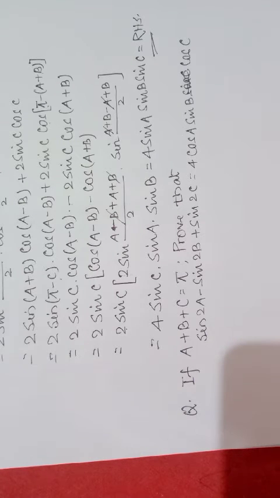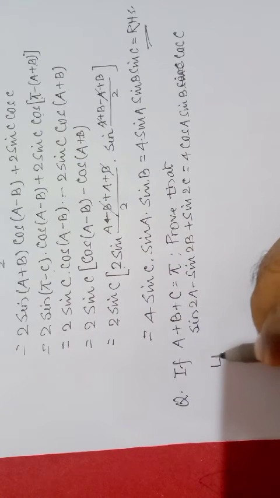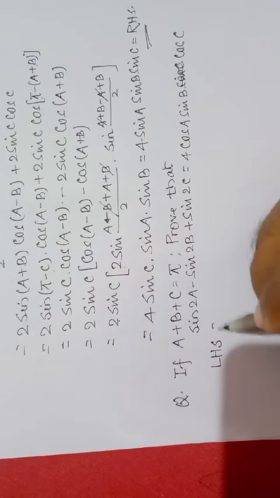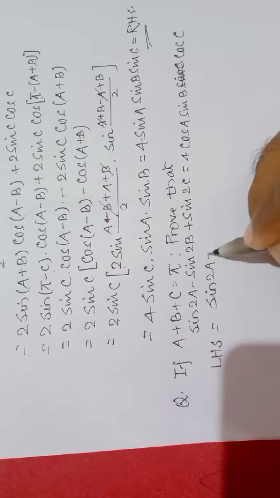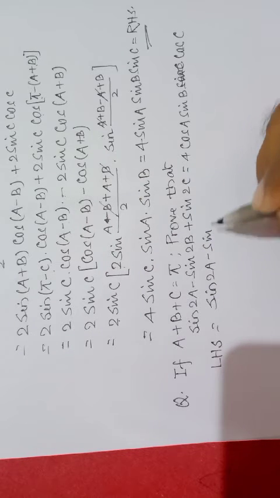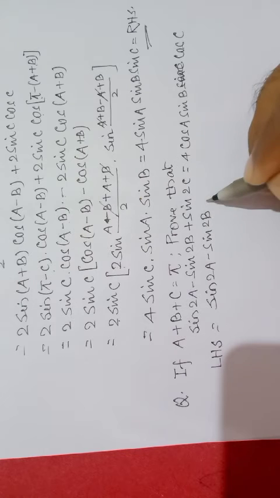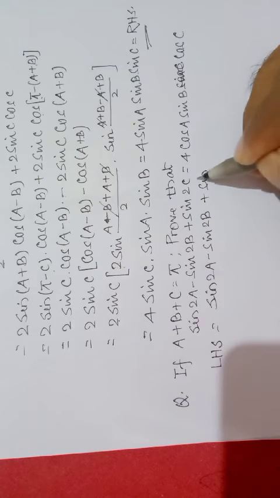Now again start from the LHS. Your LHS is sine 2A minus sine 2B plus sine 2C.